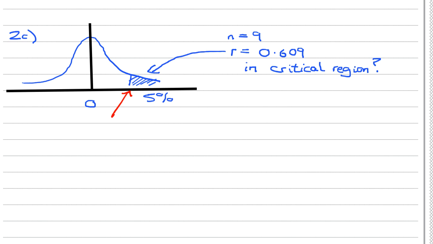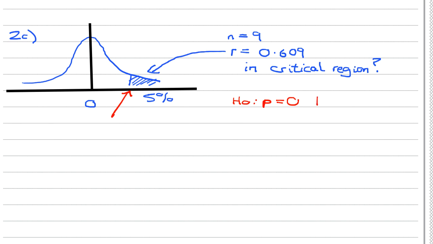So what we really want to do is set up a hypothesis test, and test whether our R value is going to be in the top 5%. If it is, then we're going to reject the null hypothesis. So we're going to say H0: P equals 0. That's our null hypothesis.